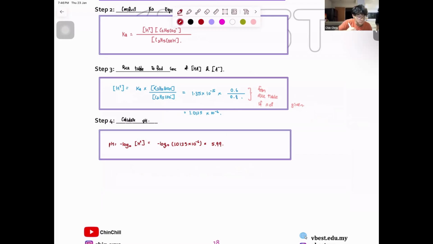Wait, what did I do? It stands for -5, right?